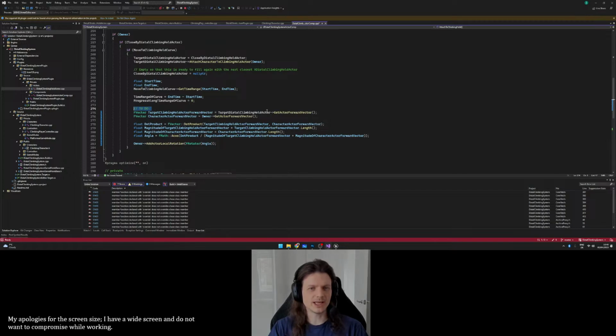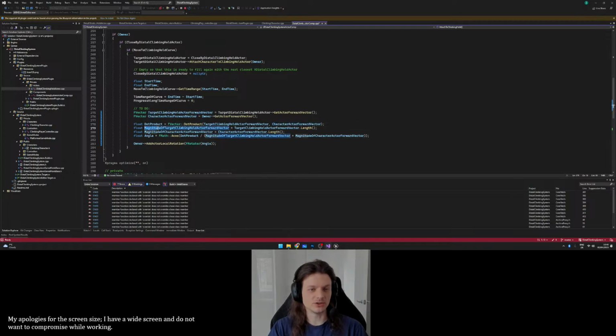So we get the actor forward vector of the climbing hold actor. So that's interesting. Okay. So maybe there's something around that, and then we go and get the forward vector of the character. Okay. And then we do a dot product between the target hold and the character's forward vector. Okay.